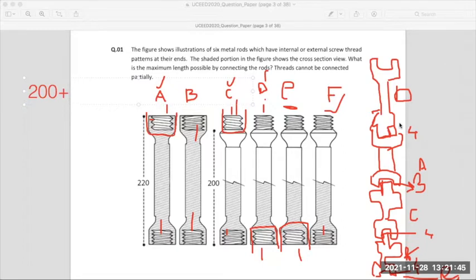Will it be 200 or less? Ma'am, 200. What will the length of A be? That also I will have as 200 because my groove is fitting inside A. So I will again write 200 and not 220 because my groove, which is 2 centimeters, gets fitted inside, the length of which I have already counted earlier.